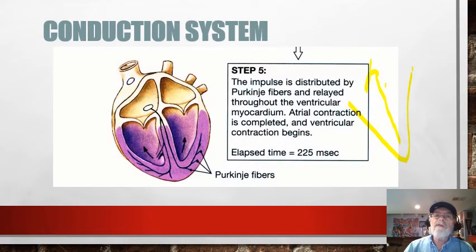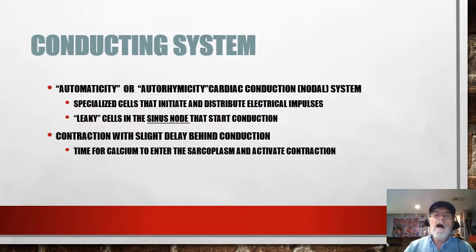Step 5, the impulse is distributed through our Purkinje fibers. So there's my 225 milliseconds, like we talked about. Now the thing that's interesting, and we touched on it before, is what's called automaticity, or autorhythmicity, of the heart.